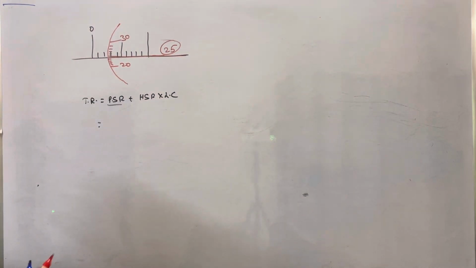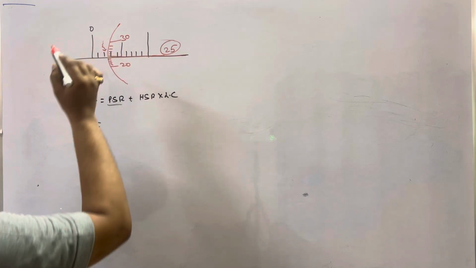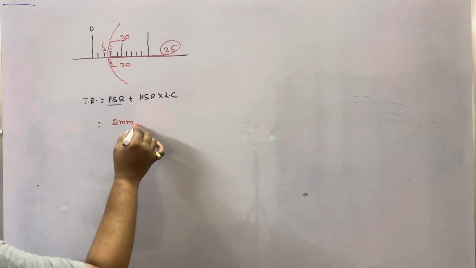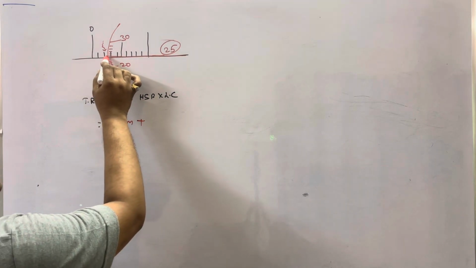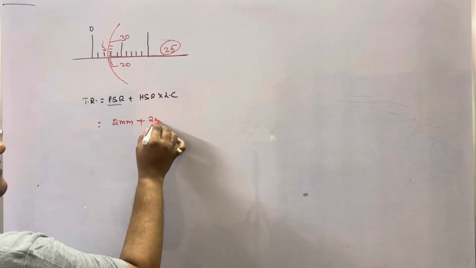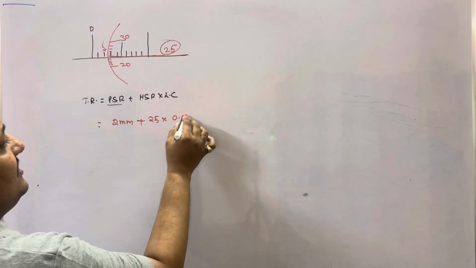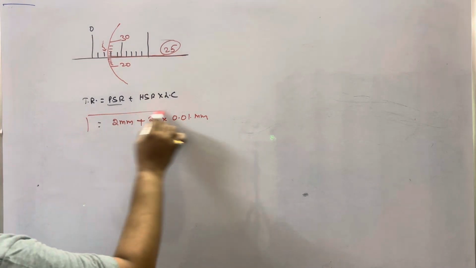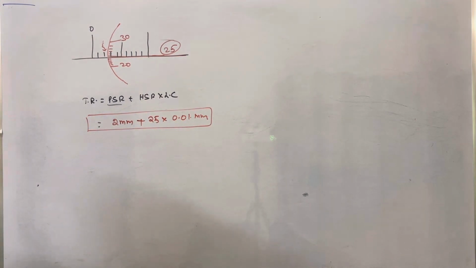Therefore PSR is going to be 2 mm plus HSR, which line is coinciding with the horizontal line, means 25. The general least count is 0.01 mm. So you have to calculate this. This is nothing but how to take the reading.